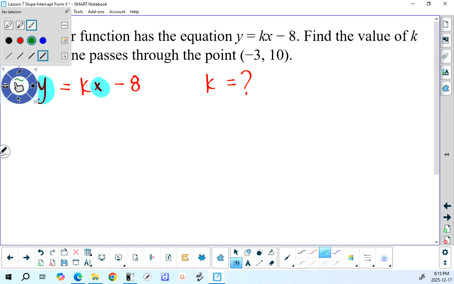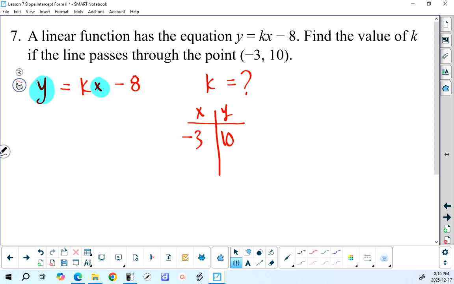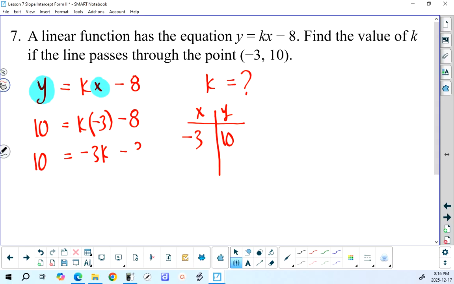How do we find the missing parameter? We load into the equation an ordered pair, which in this case is negative 3, 10. So I put 10 in for y, and I put negative 3 in for x. I simplify it slightly: I write k times negative 3 as negative 3k minus 8.